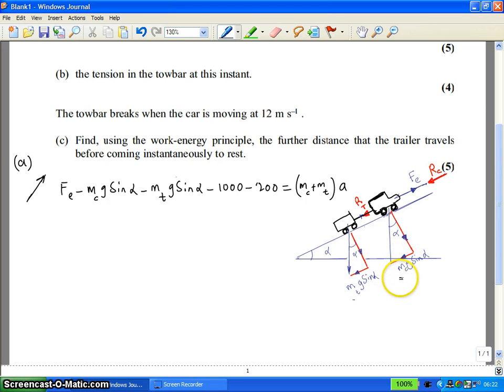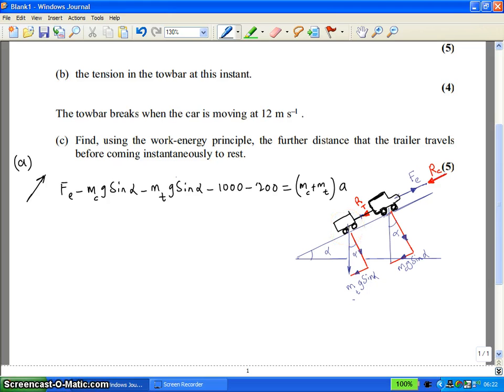So the resultant force I've written here: the force of the engine, take away the gravitational force of the car, minus the gravitational force of the trolley, minus the air resistance on the car, minus the air resistance on the trolley, should equal ma, where m is the total mass of the car and the trolley.